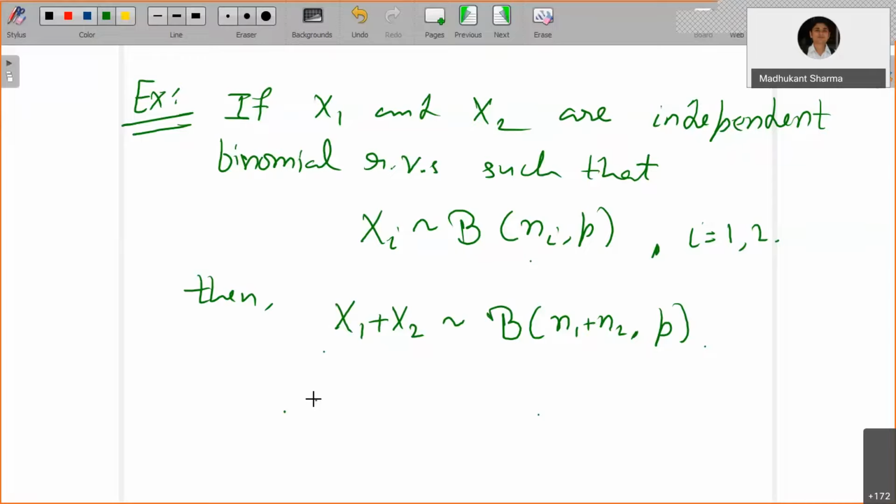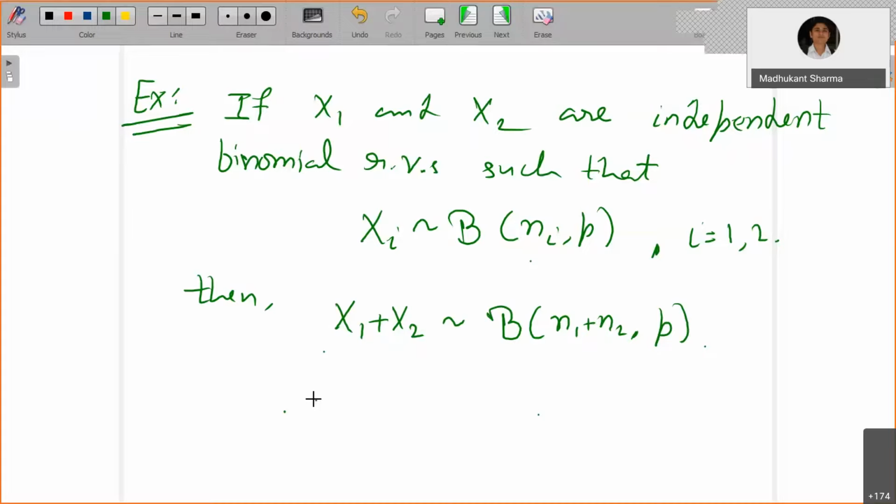That random variable denotes the Bernoulli random variable, which assumes the values either 1 or 0. So 1 denotes the success and 0 denotes the failure, and it is essentially the same as an indicator random variable.